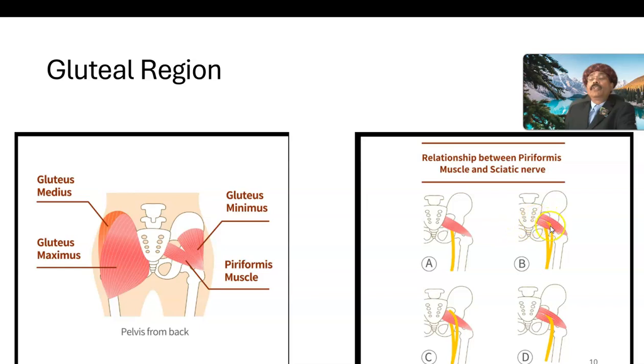One part may go through the piriformis and another part underneath it, or one part totally above the piriformis and the other part below it, or the entire sciatic nerve perforates the piriformis. Nerve supply of gluteus medius and minimus is the superior gluteal nerve. Nerve supply of gluteus maximus is the inferior gluteal nerve. Nerve supply of piriformis is the nerve to the piriformis.